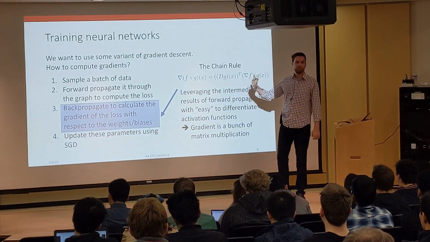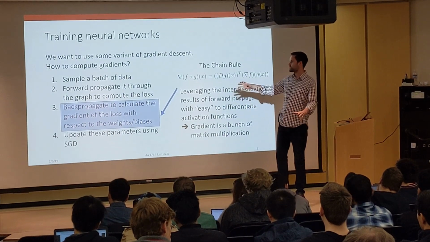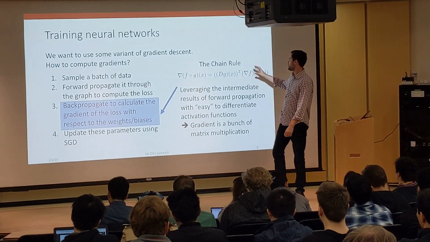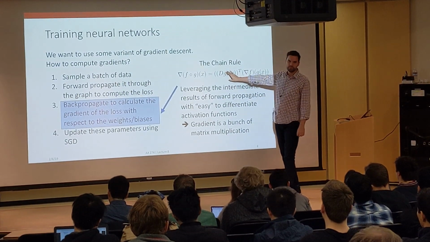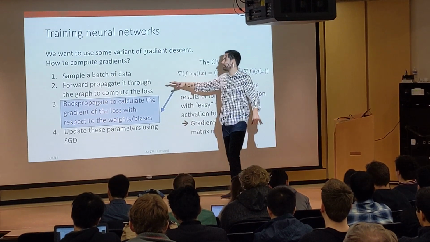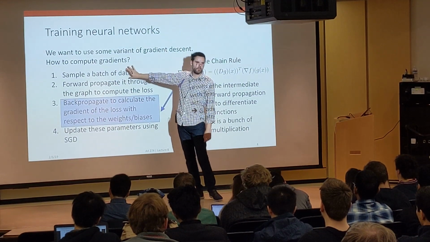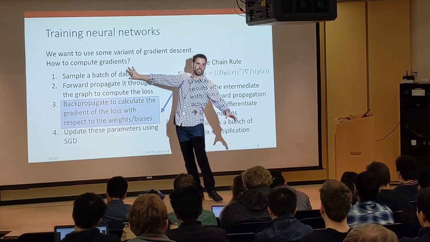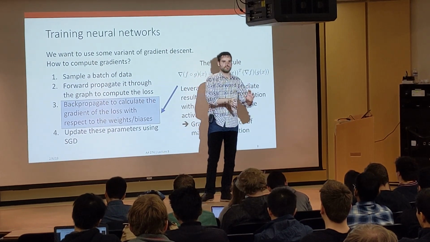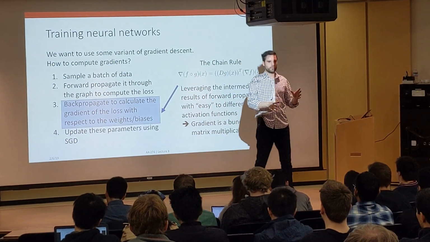The way that we train is we make heavy use of the chain rule. So the overall algorithm is, if you remember in mini-batch gradient descent, you sample some subset of your data set, which could be huge.